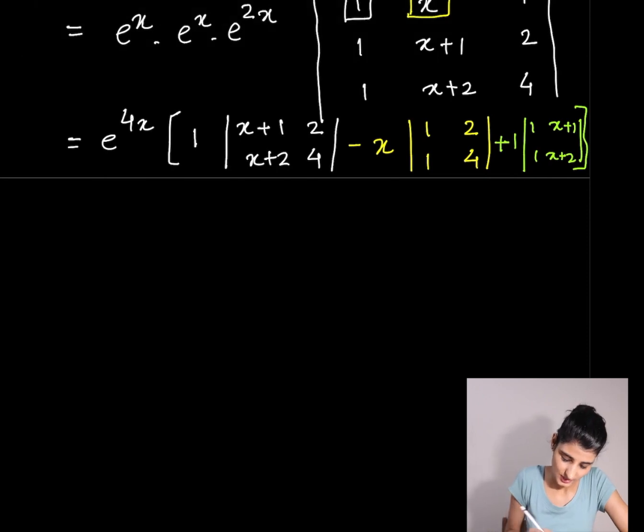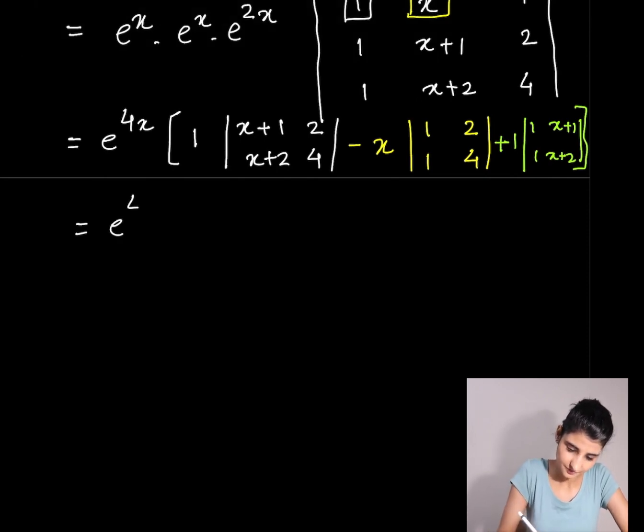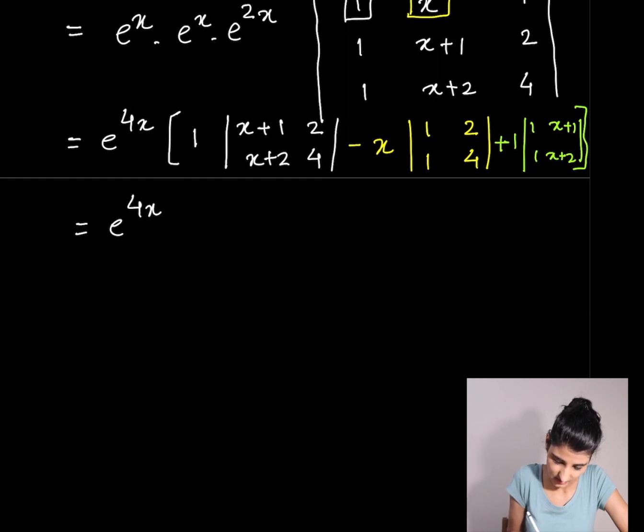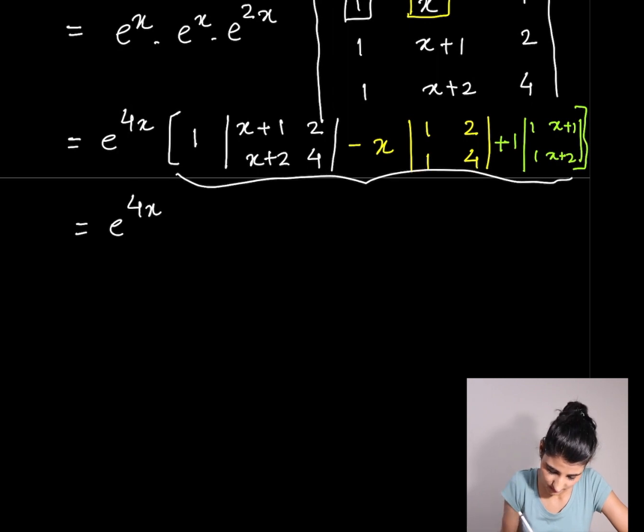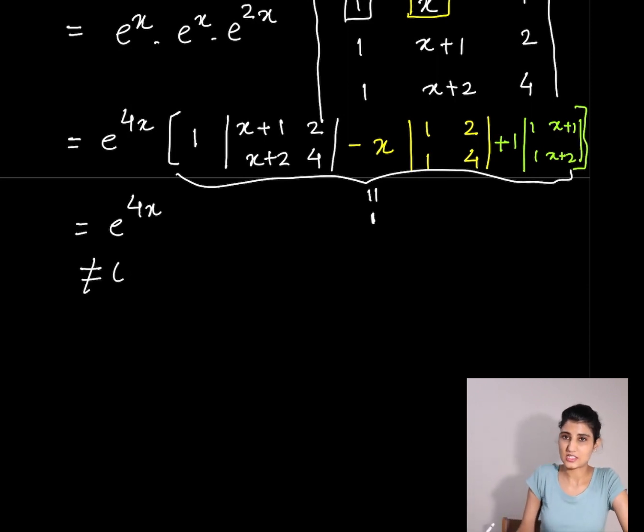So what you'll get is e power 4x times, okay, basically evaluate this, and what you will get is this is equal to 1. So your determinant is equal to e power 4x, which is not equal to 0.